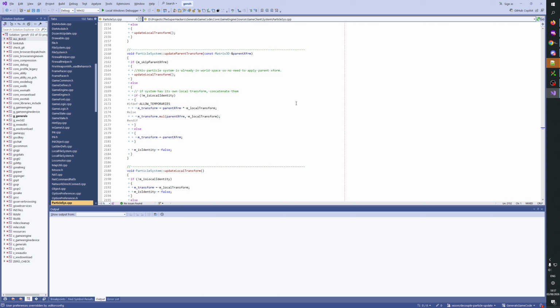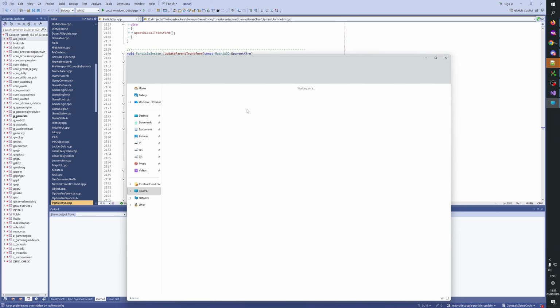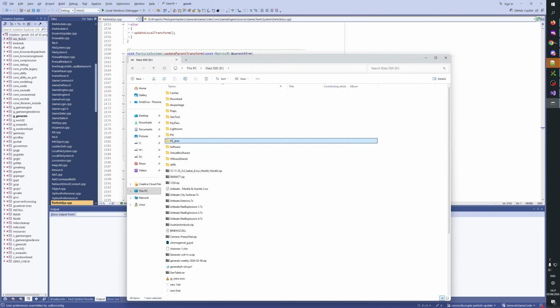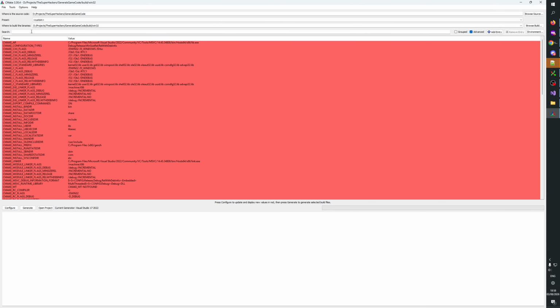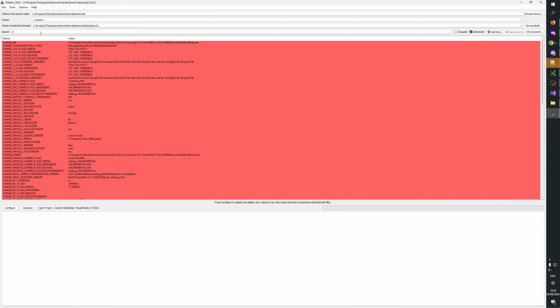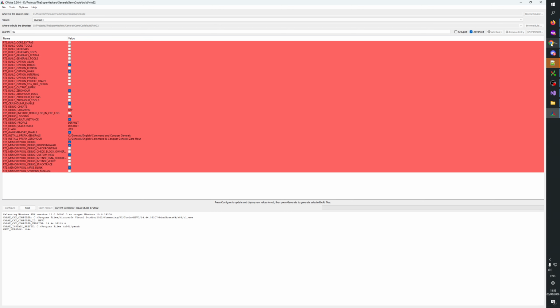We can also disable Generals from our CMake. RTS. Oh boy. RTS. Generals generate.